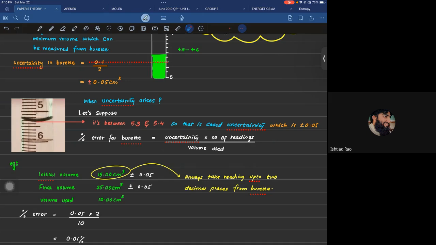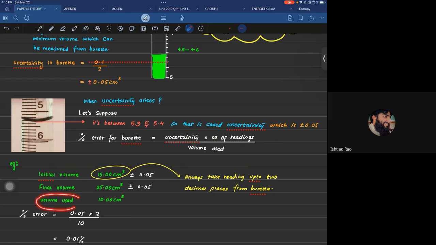Let's suppose this is the initial volume of the burette, that is 15.00 centimeter cube, and this is the final volume, that is 25.00 centimeter cube.